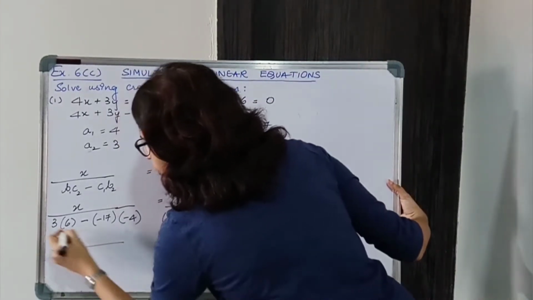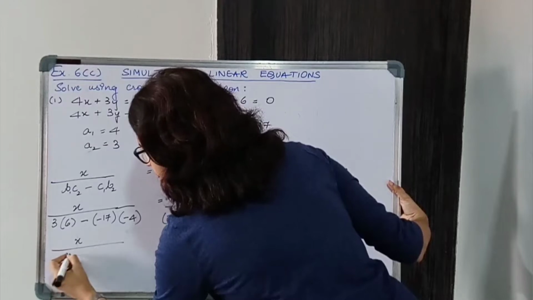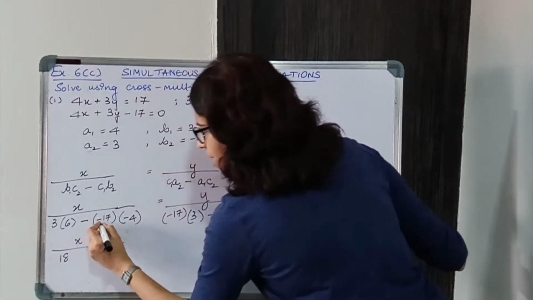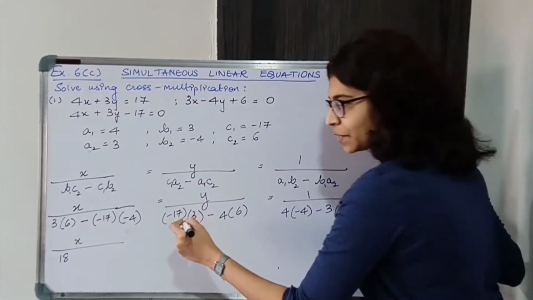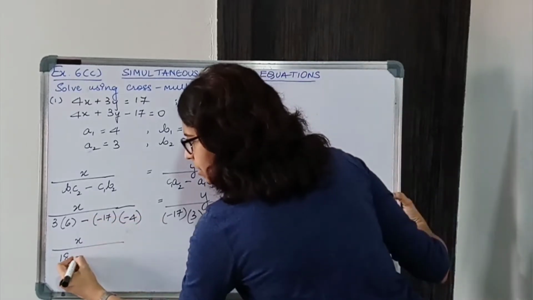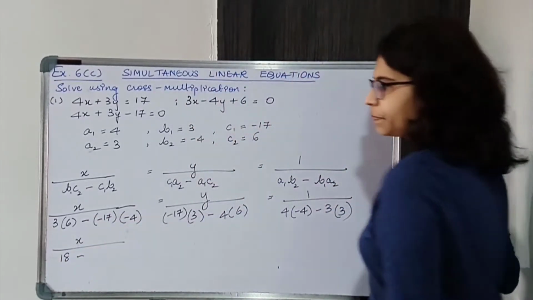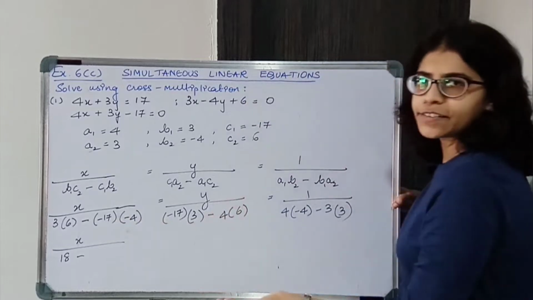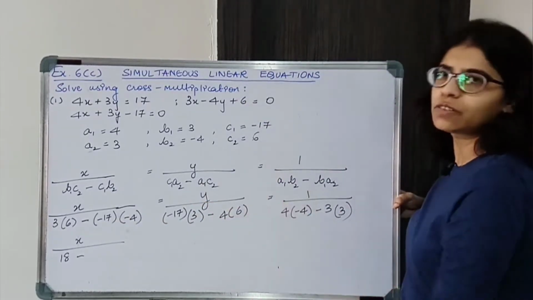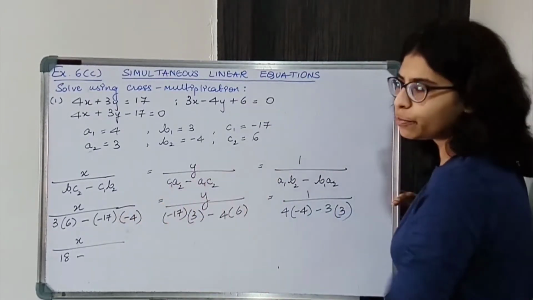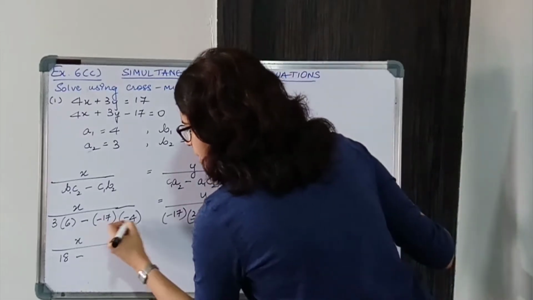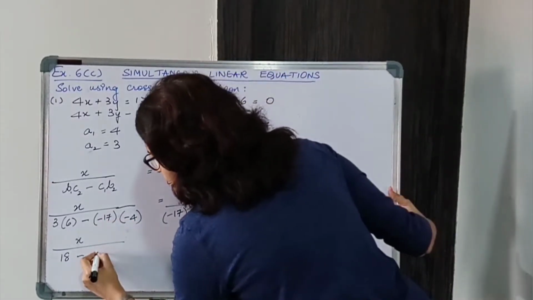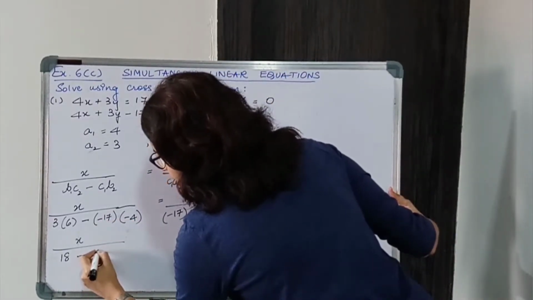So x upon 6 3s are 18, minus minus plus and again minus है. Okay, so plus into minus gives minus. Okay, so basically odd number of negative signs होगा तो negative. Okay, and even number है तो positive. So 17 4s are, so that will give 68.